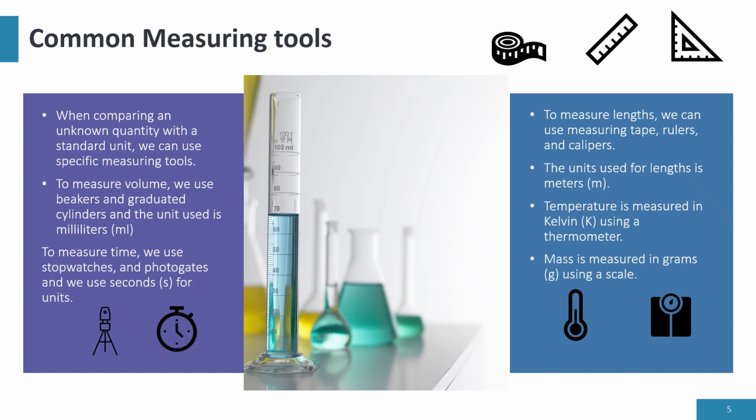For temperature, again, we use Kelvin and we use thermometers. And when we're talking about mass, we are always using grams as units, and scales are the commonly used measuring tool.